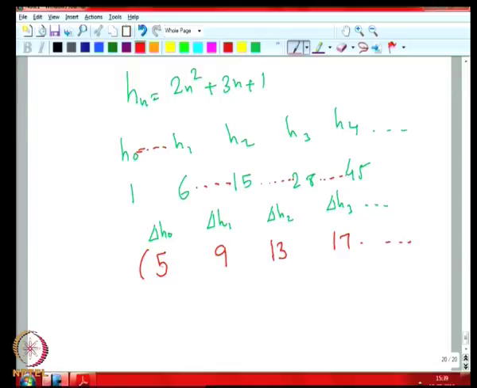Now we can define the difference sequence of this sequence, right? This 5, 9, 13, 17. That will be the second order difference sequence for Hn, because actually what is the second order? Delta square of H0. This is delta of H0, which is 5 here.